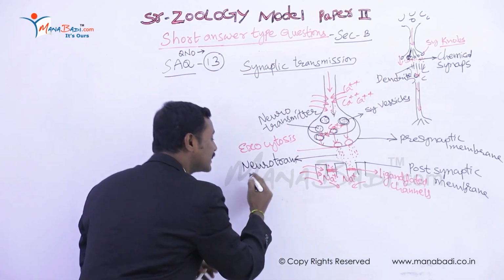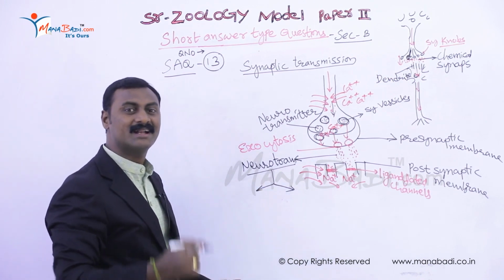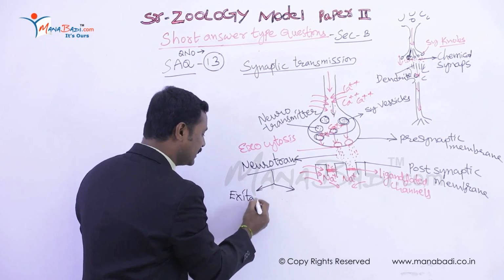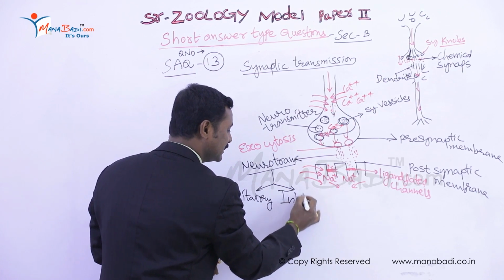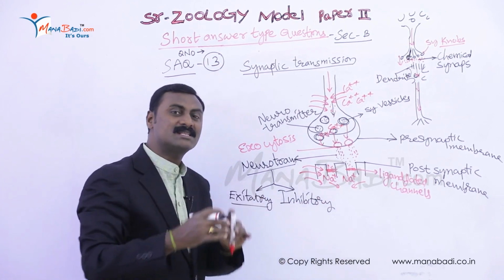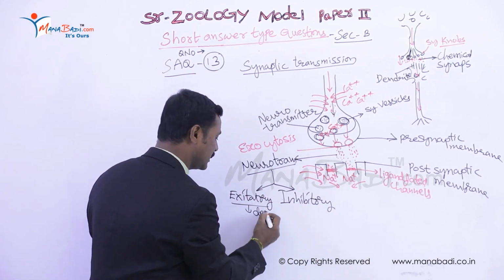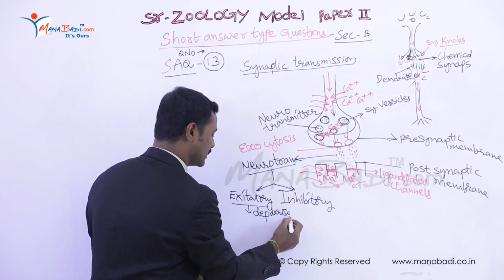These neurotransmitters are of two types. One is excitatory and another one is inhibitory. Excitatory neurotransmitters cause depolarization.